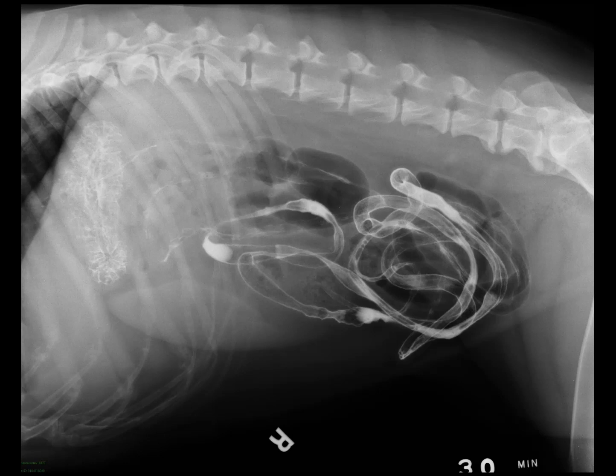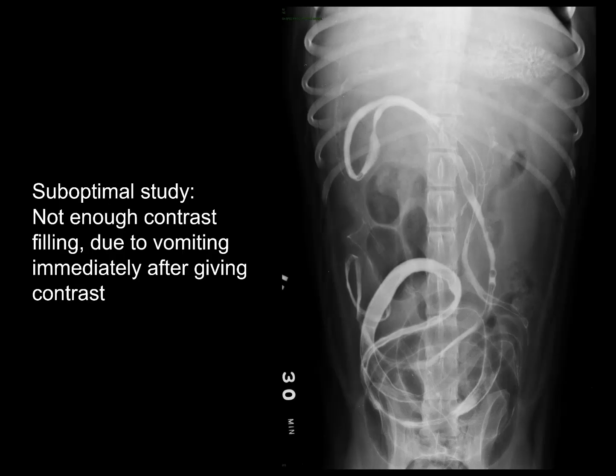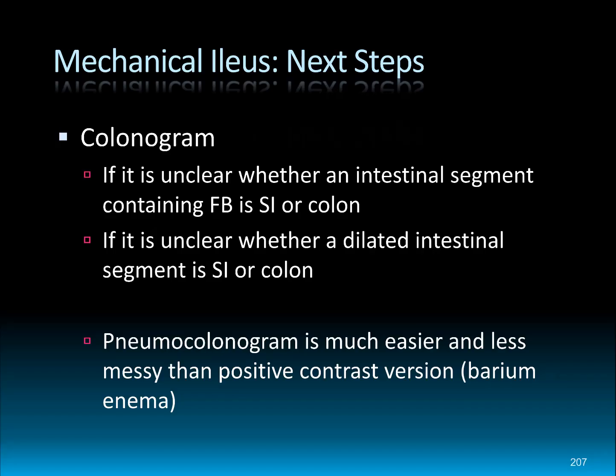So in this case, we gave the appropriate amount, got good distension of the stomach, but the dog vomited most of it up, so very little was remaining in the GI tract to help get us an answer. So this was essentially, I won't say non-diagnostic, because we can see at least that where there are intestines here, there's no evidence of obstruction and the margins are smooth, so it's not looking that exciting, but it's certainly not a very high quality study, and it's one where we could still miss a lesion.